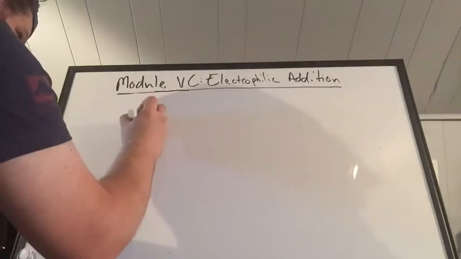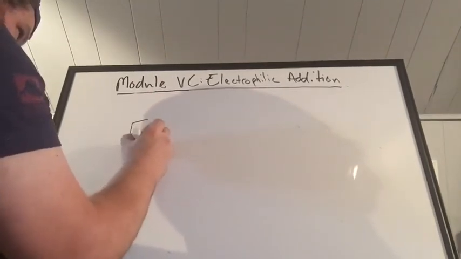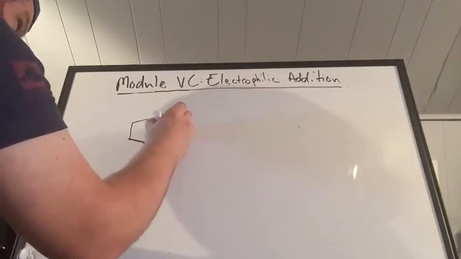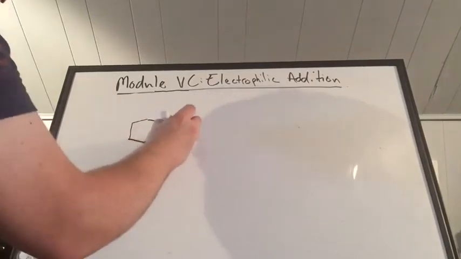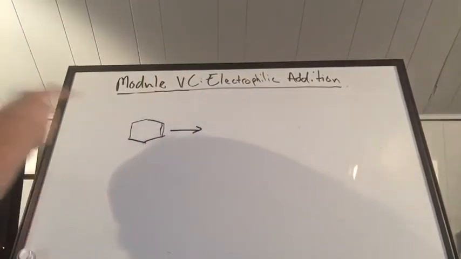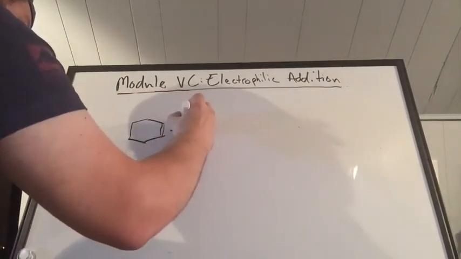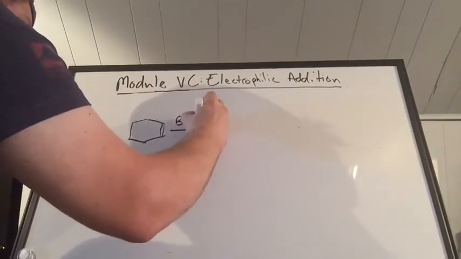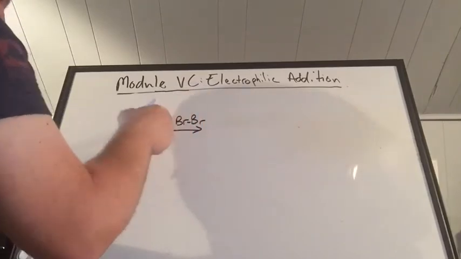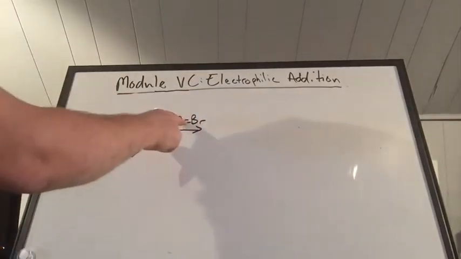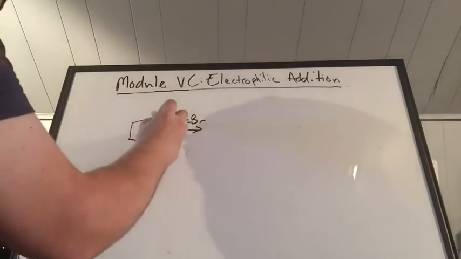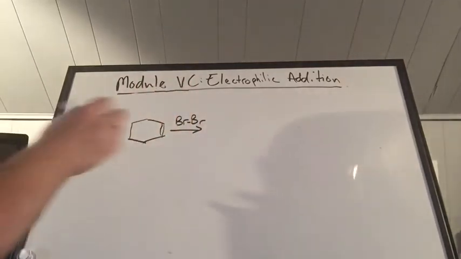Okay, so if you recall back to when I was introducing dash wedge notation to you, so you take cyclohexene, reacting it out with Br2. So this is going to be electropositive, this being electronegative if there's some instantaneous dipole.